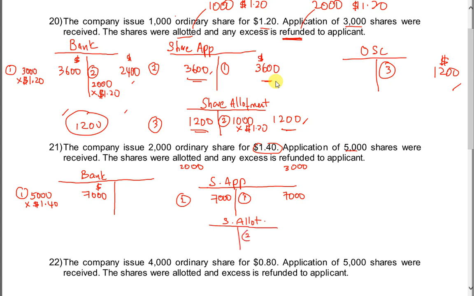The successful ones will be allotted 2,000 shares at $1.40, so 2,800 will be allotted. And for the unsuccessful ones, the 3,000 shares at $1.40, 4,200 will be refunded.